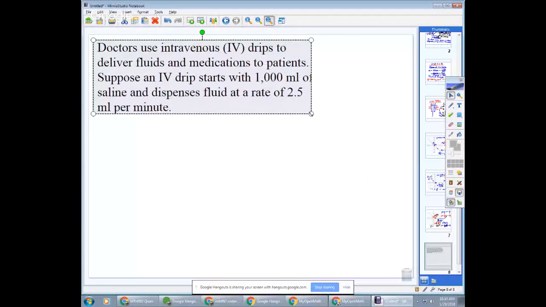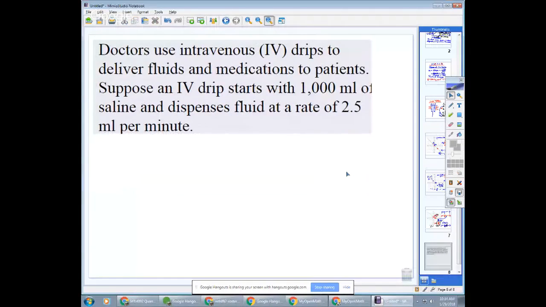All right, close enough. So which number here looks like a rate of change? 2.5. Yeah. So the slope, m, is 2.5. Now I'm going to write it as an actual fraction, 2.5 over 1.